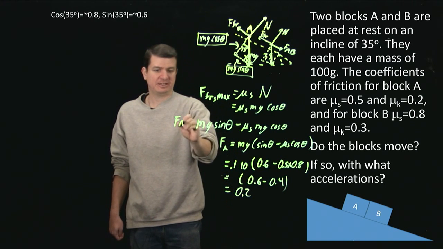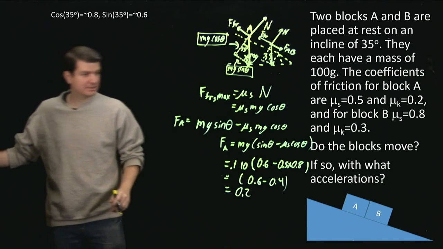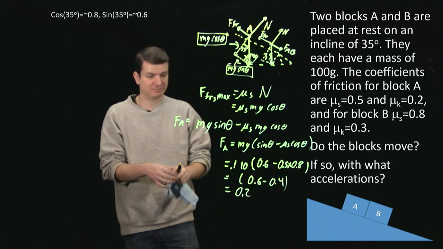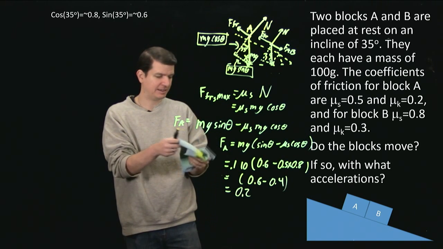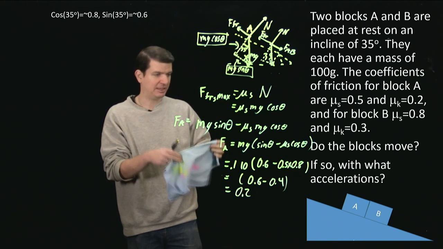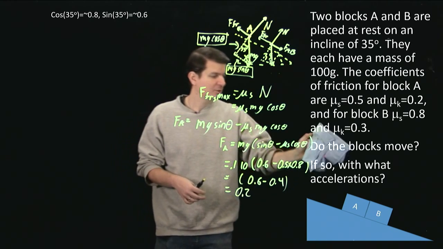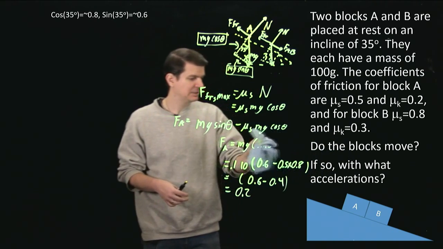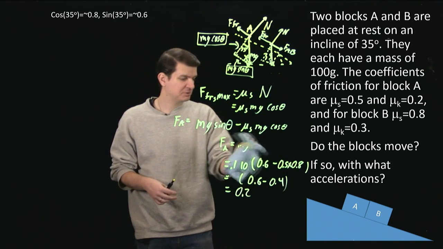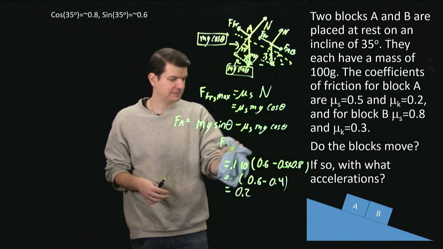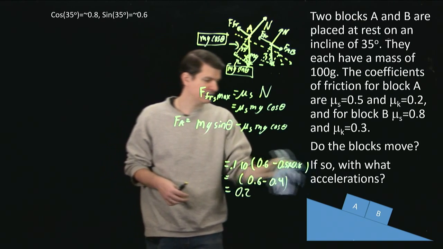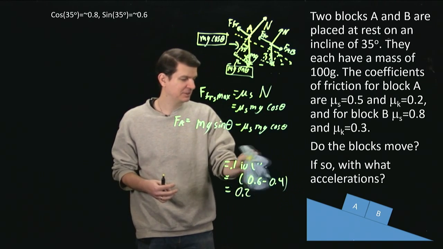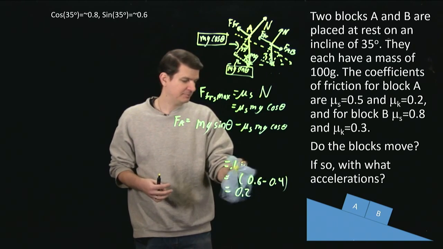So this was the force on A. The force on B is the same thing, plus this force of A on B. And officially, that also means that the force on A has a term from B acting on A. But we don't need to worry about that one right now, because we don't know if block B is actually going to stand still. If that force is too much, block B will actually slide down, and then we'll return to asking the question of, do they slide together or don't they?